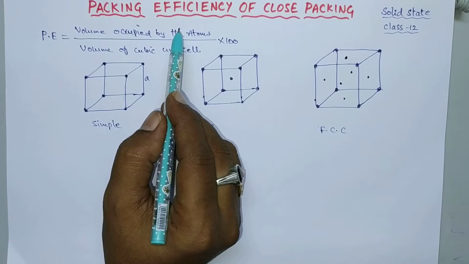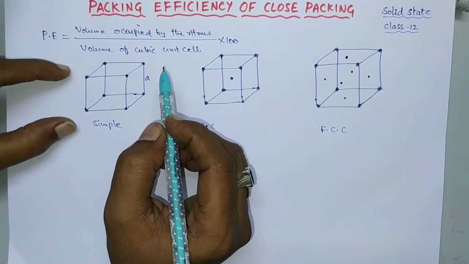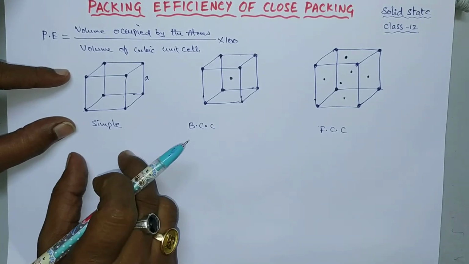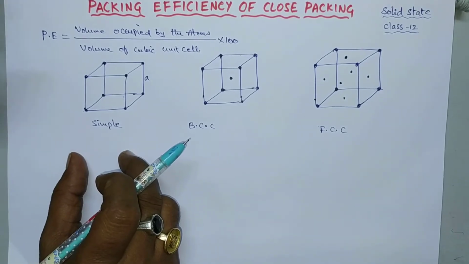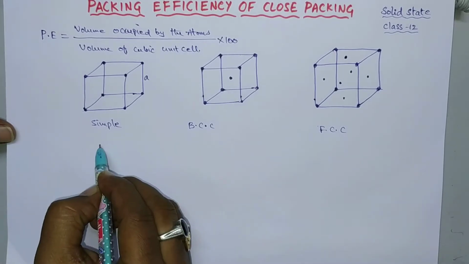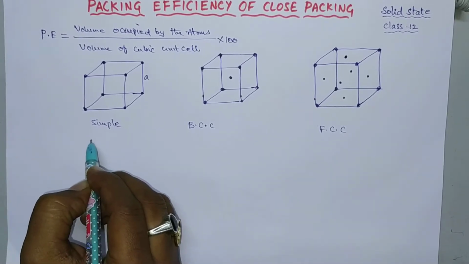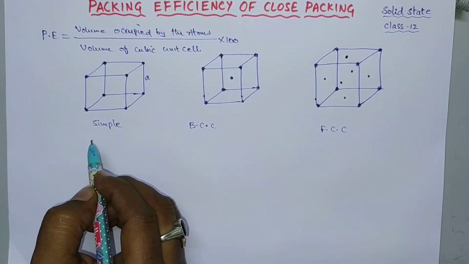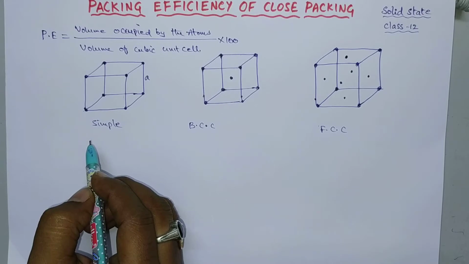Now the volume occupied by the atoms: how many atoms are present in each cubic unit cell? In the case of the simple cubic unit cell, the number of atoms present per unit cell is given by 1/8 into 8, which was discussed in our previous video.